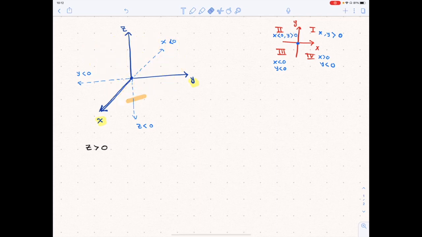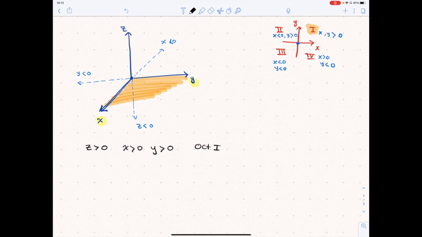So I'm in the Z positive, so I'm above the XY plane. And what would be considered this part of the XY plane? This would be quadrant 1. So Z positive, X positive, Y positive is going to be our octant 1.